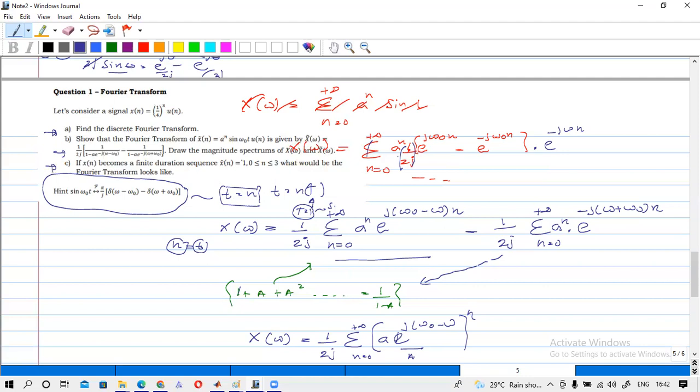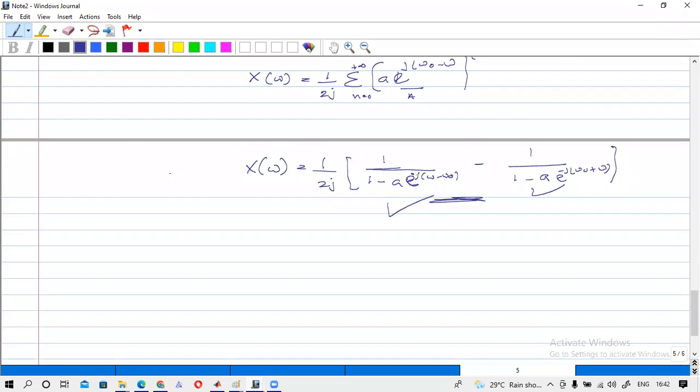So here you are asked to draw the magnitude spectrum. If you are going to draw it by hand, it is very complex, because here you have X(omega), which is a complex value.